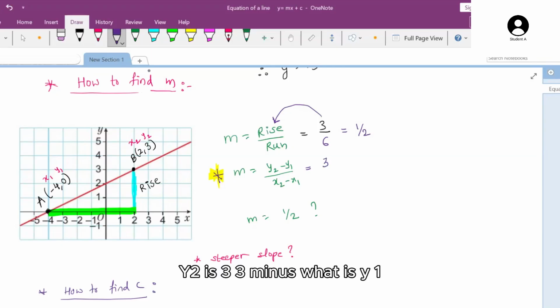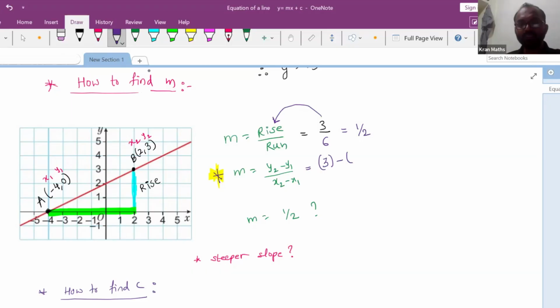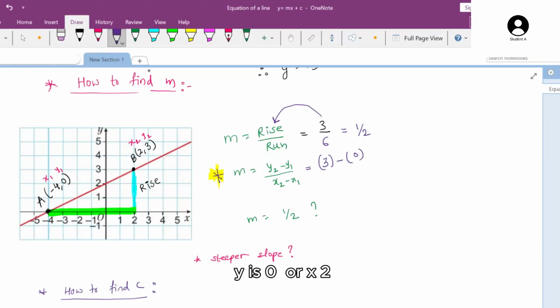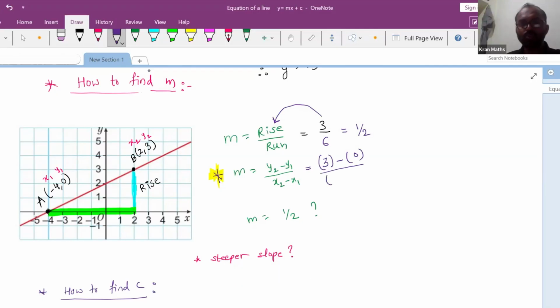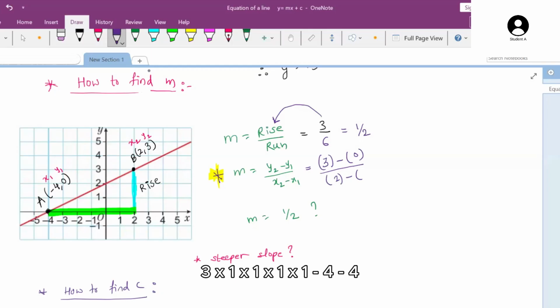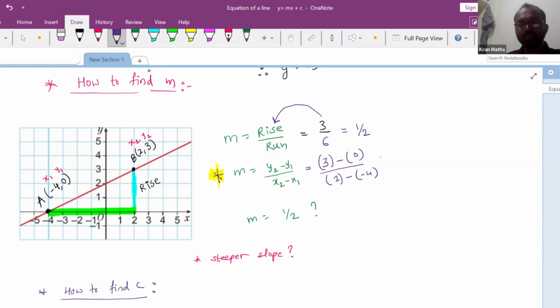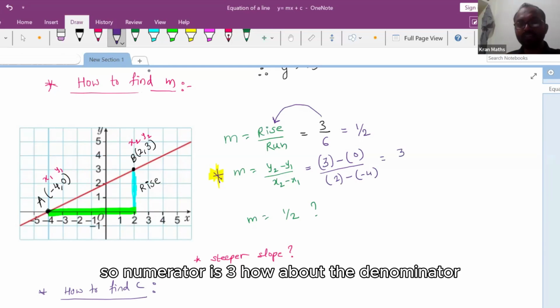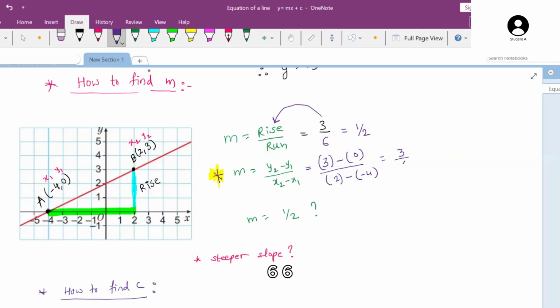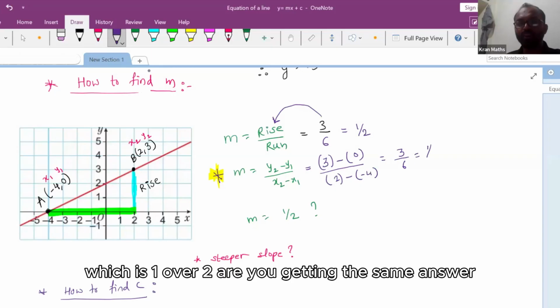Y2 is 3, minus y1, which is 0, over x2, which is 2, minus x1, which is -4. So the numerator is 3. How about the denominator? 6, which is 1/2. Are you getting the same answer?